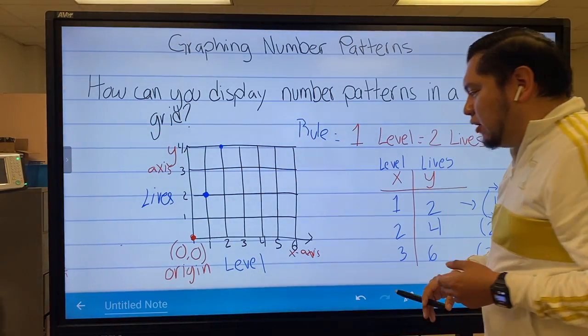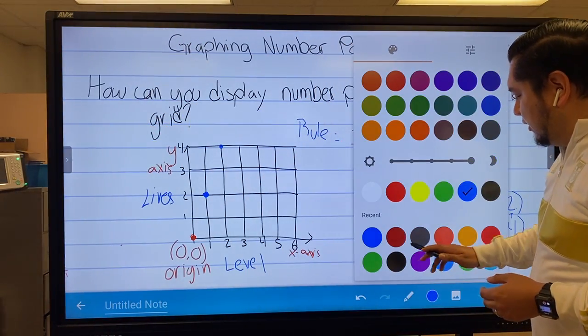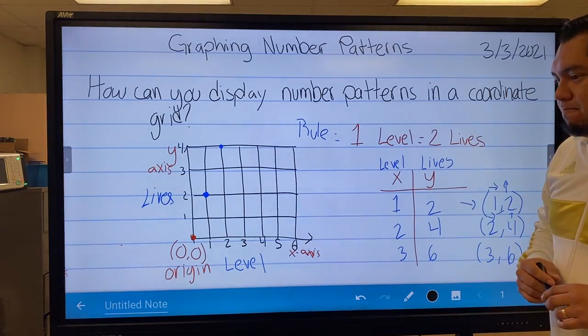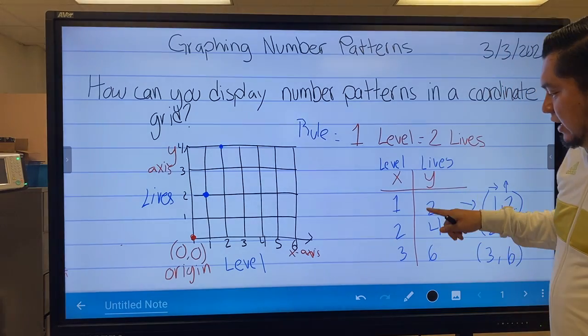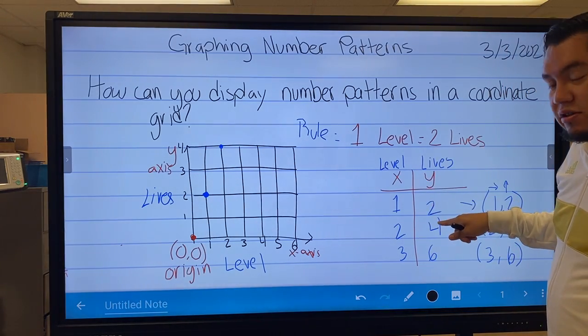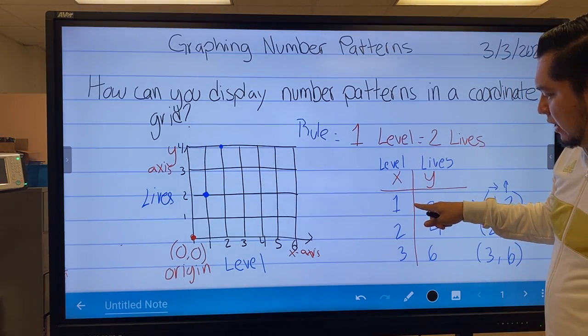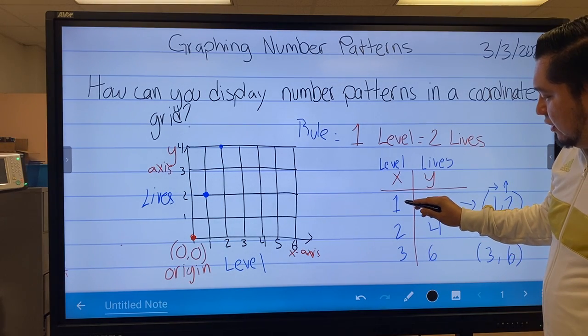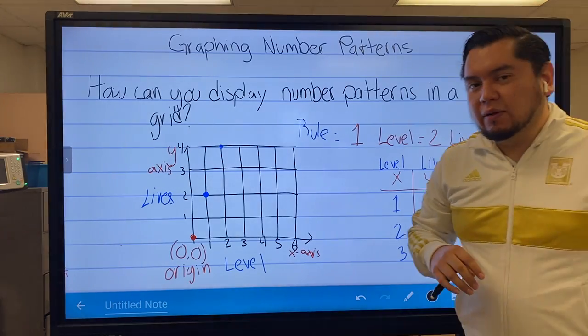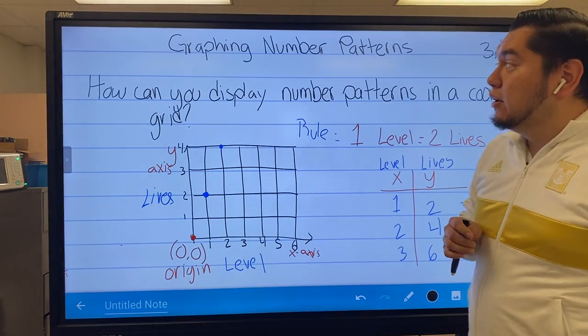And tomorrow you're gonna learn about the actual operations that get from 1 to 2, because here there's a mathematical way to figure out that pattern, right? And you'll get to learn more about that later in the week.